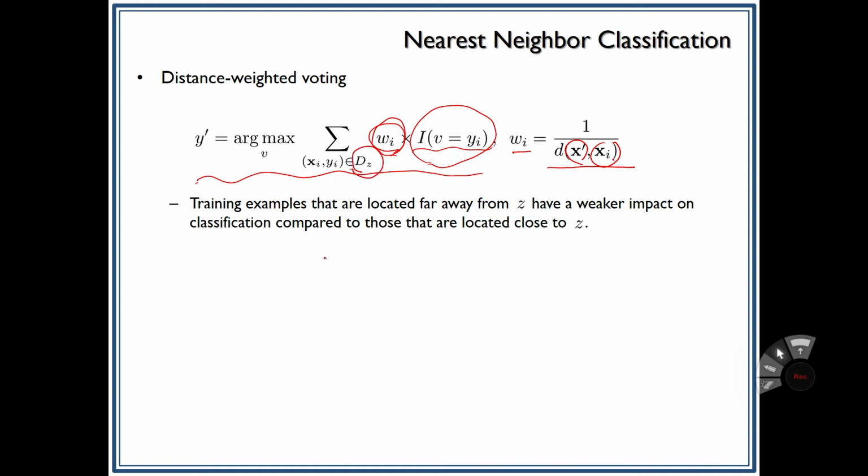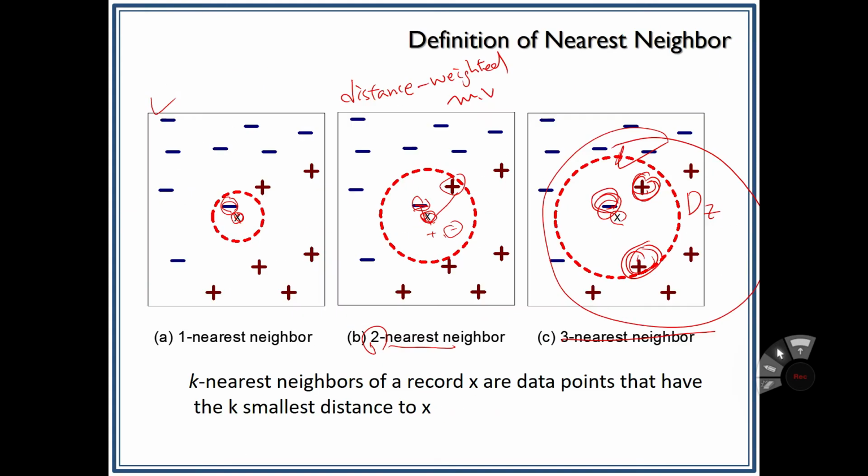The meaning of this distance weighted voting is that training examples located far away from the new data point have weaker impact on classification compared to those located close to z.